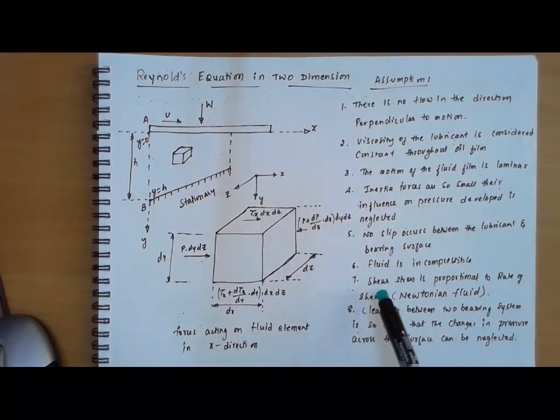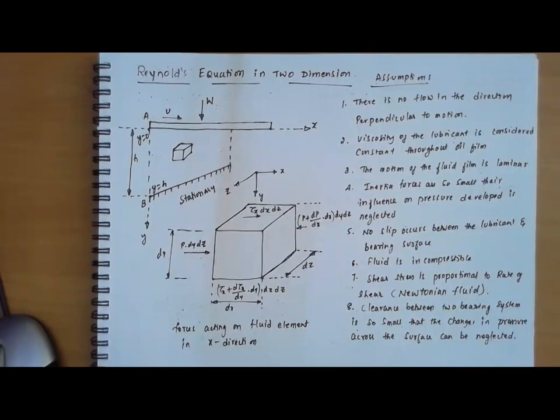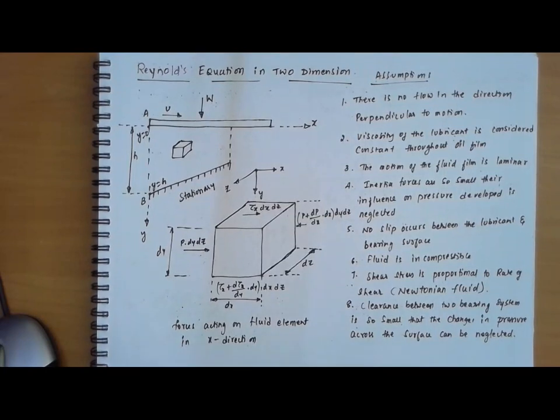Assumption number 7 is that the shear stress is directly proportional to the rate of shear, which makes the fluid a Newtonian fluid. And assumption 8 is that the clearance between the two bearing surfaces is so small that the changes in pressure across the surfaces can be neglected. These are the few assumptions that we make in deriving the Reynolds equation.